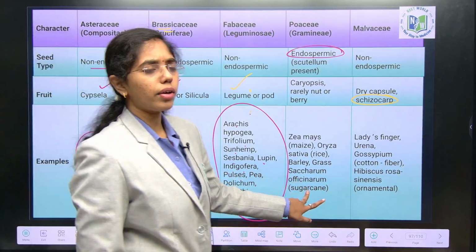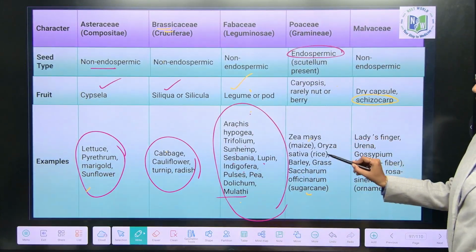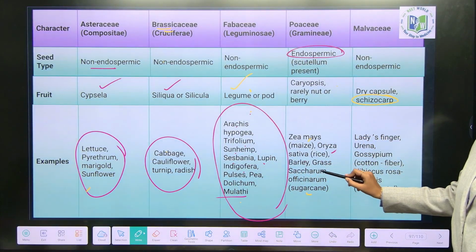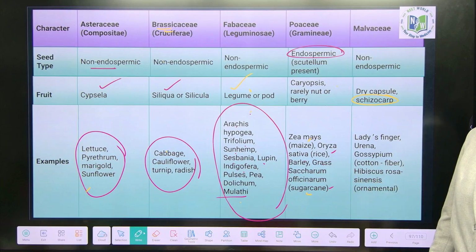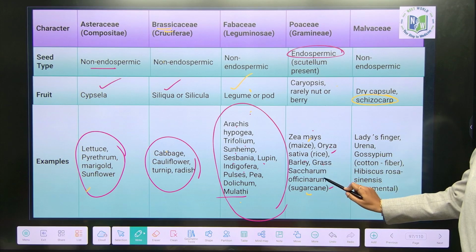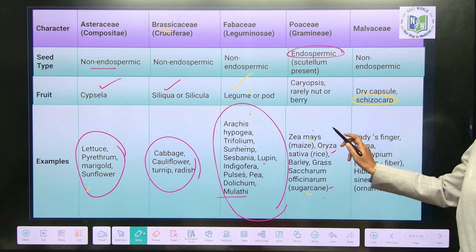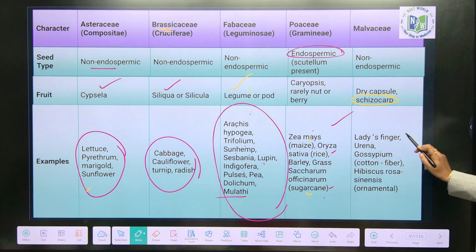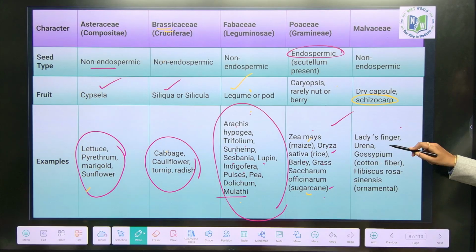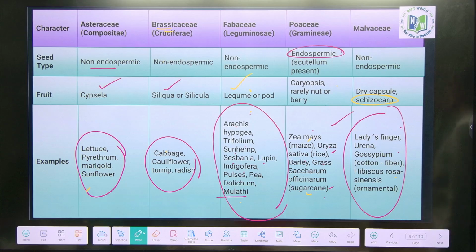Poaceae members again you can easily remember. Monocots, right? Maize, rice, barley, grass, sugarcane. Maize, Zea mays, Oryza sativa, rice, Saccharum officinarum. Clear? This you can remember again. Lady's finger, Urena, Gossypium, hibiscus belong to Malvaceae members.